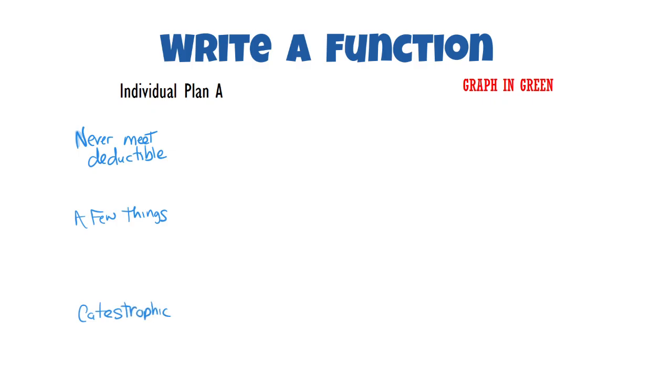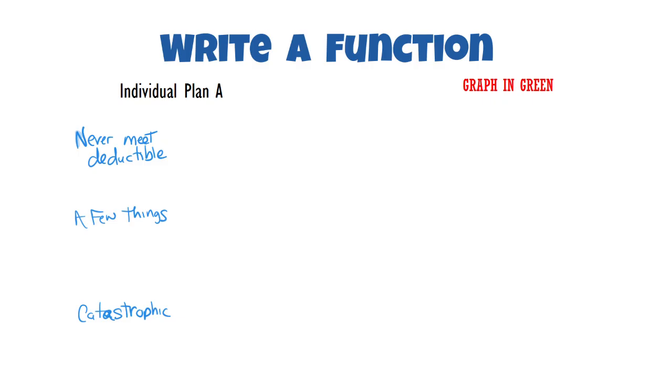There it is. Okay, catastrophic. I think that's an A. Catastrophic. Like you had a lot going on. You hit your deductible. You hit your max out of pocket. These are the 3 pieces or the 3 functions you have to write, and they're not going to overlap.